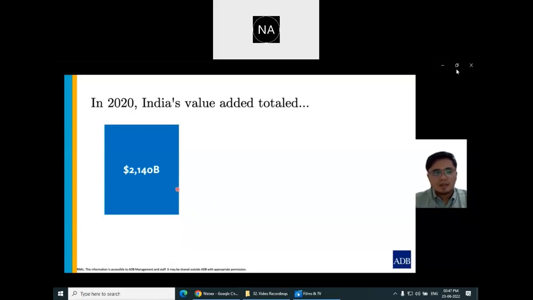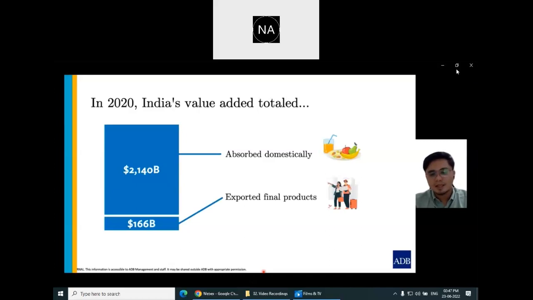Of India's total value added, 2,140 billion US dollars is absorbed within its domestic territory. 166 billion US dollars is exported as final products. And lastly, the remaining 231 billion US dollars is exported as intermediates.